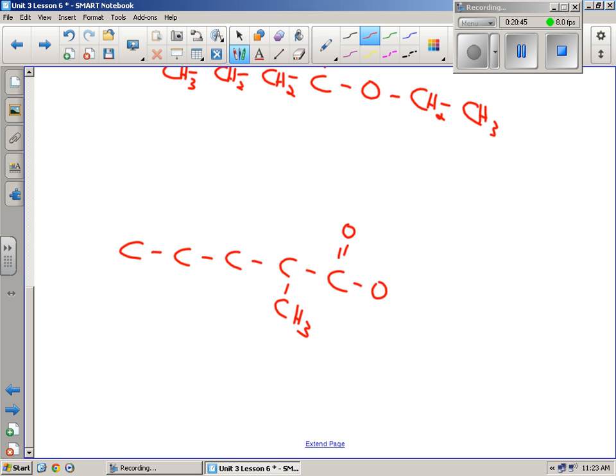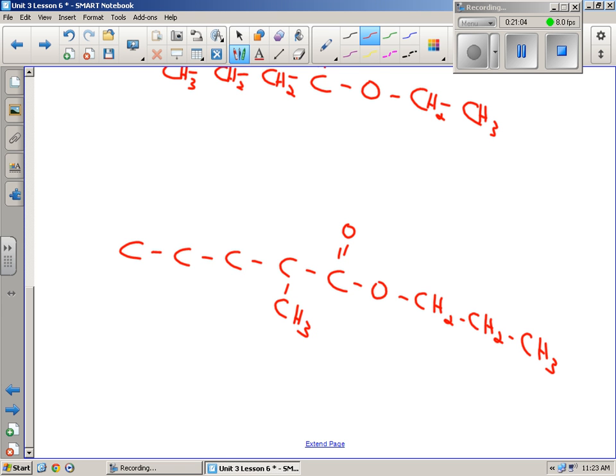There's a propyl and then a space. That's my alcohol part. That propyl is this part over here: CH2, CH2, and a CH3. That's what goes on the right-hand side.